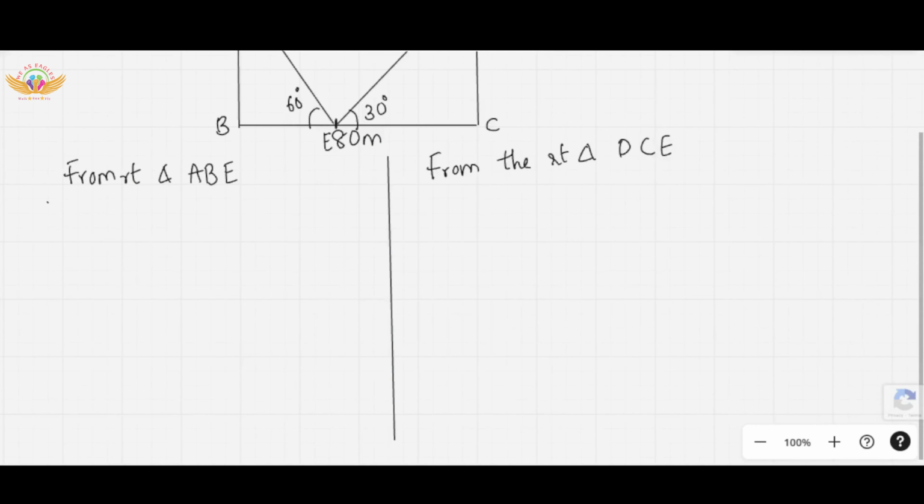So here I'm going to take tan 60 degrees and here I'm going to take tan 30 degrees because I want the opposite sides, which are the heights. So what is the opposite side here? AB by BE. And here what is tan 30 degrees? CD by CE.